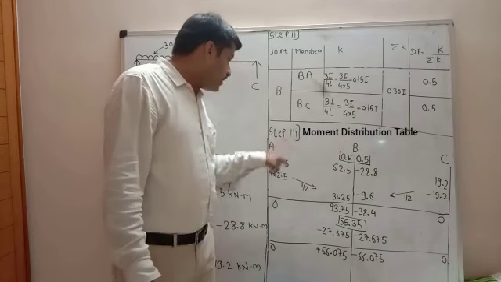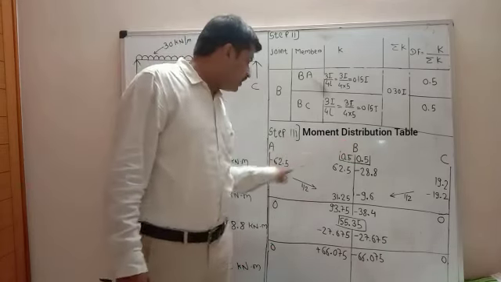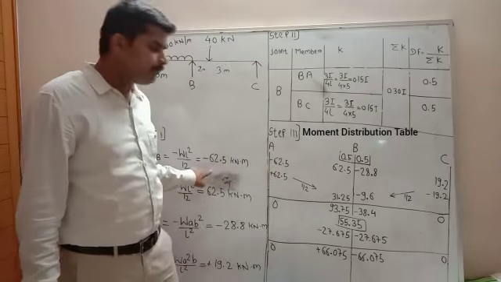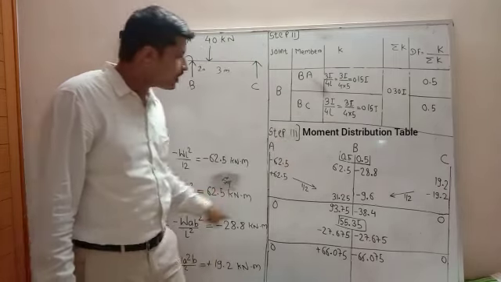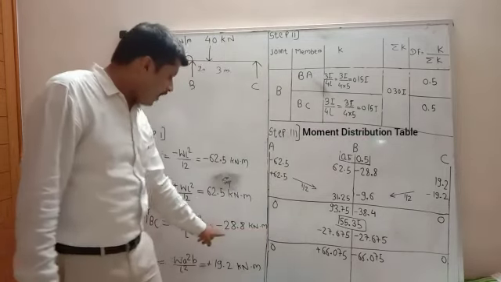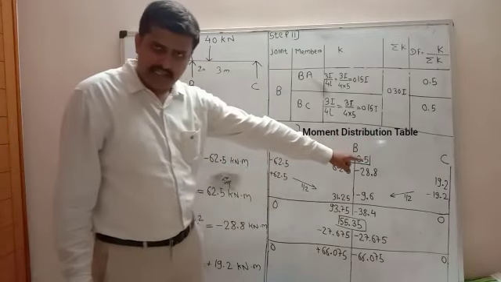Below that, write down fixed end moment. For AB, it will be minus 62.5. For BA, it will be plus 62.5. For BC, it is minus 28.8, and for CB, it will be plus 19.2.